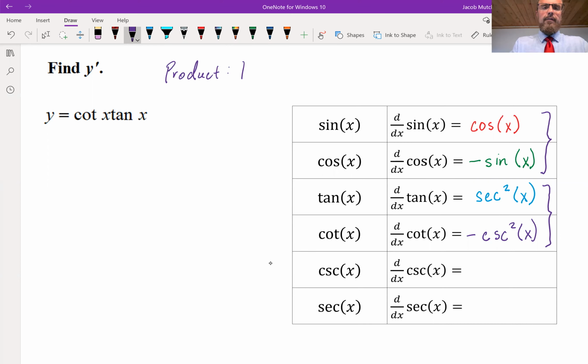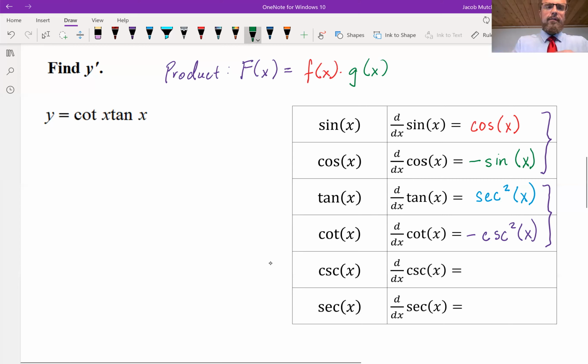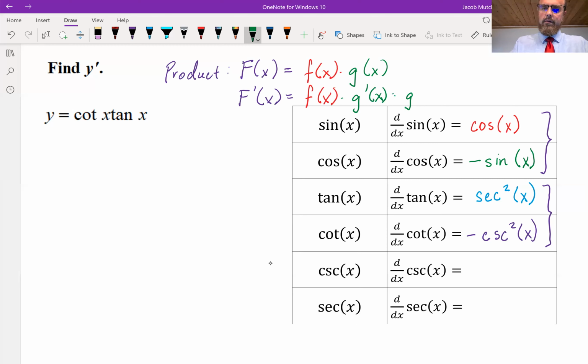If I've got a big function F of x, which is equal to the product of two smaller functions, small f of x times small g of x, the derivative of big F of x is going to be equal to small f of x times the derivative of g of x, plus, let's get the right operation there, plus the original small g of x times the derivative of small f of x.